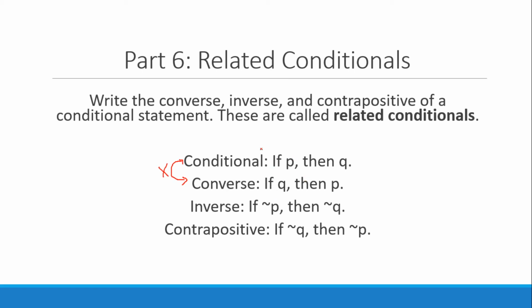Yes, that's because if P then Q is this beautiful P arrow Q, and if Q then P. Okay, inverse and converse are related logically, and contrapositive and conditional are related logically. You want to write these out. These are related conditions, write them out.